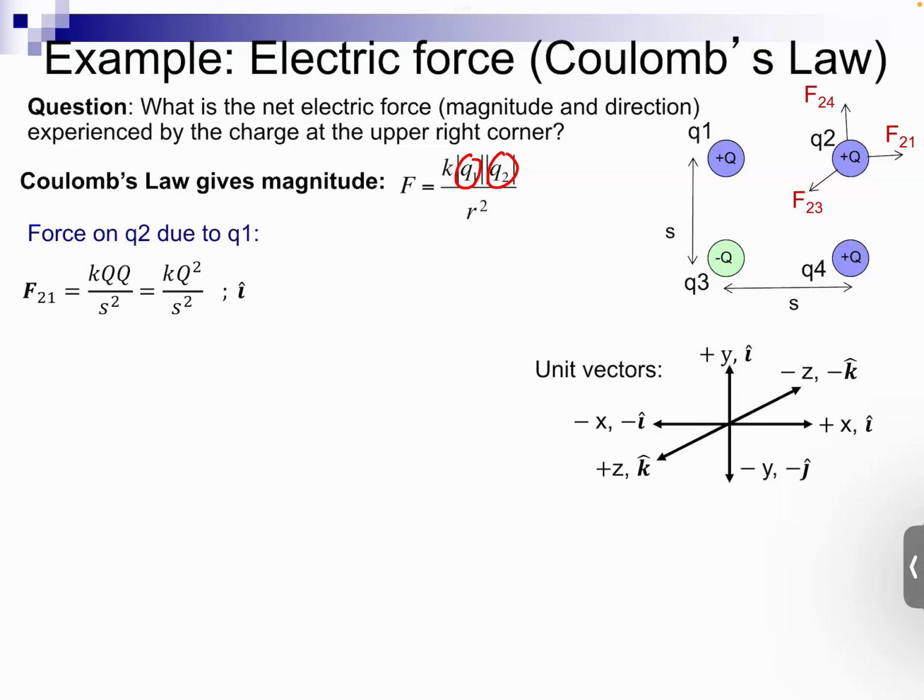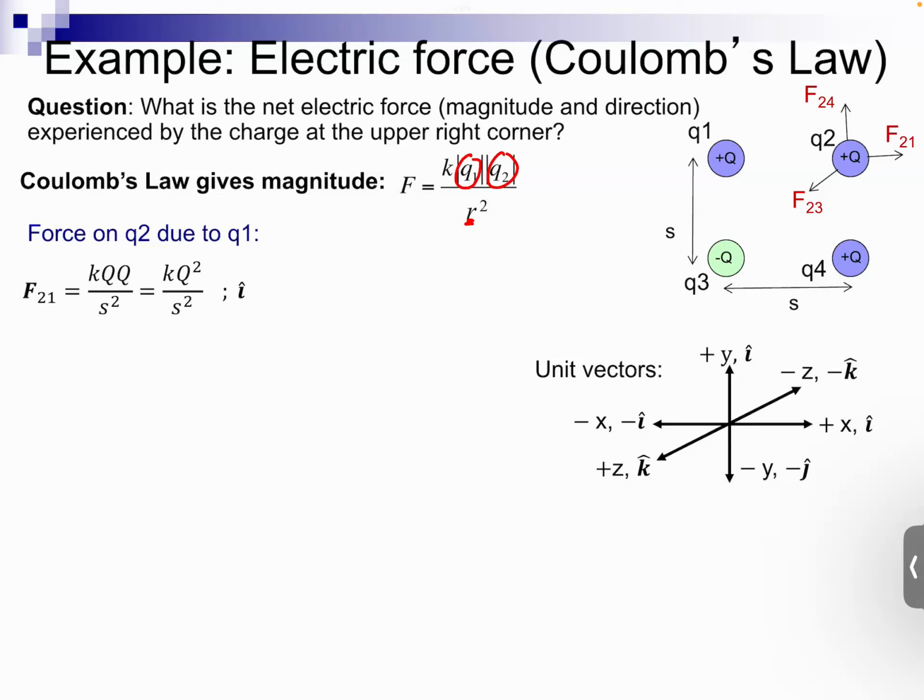So let's consider the force that charge Q2 experiences because of charge Q1. Coulomb's law says it's K Q1 Q2 over R squared. Q1 and Q2 are both capital Q, and the distance between the 2 charges gives you R.